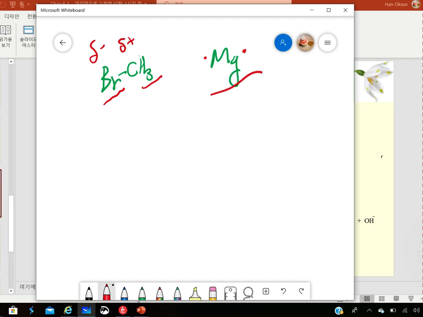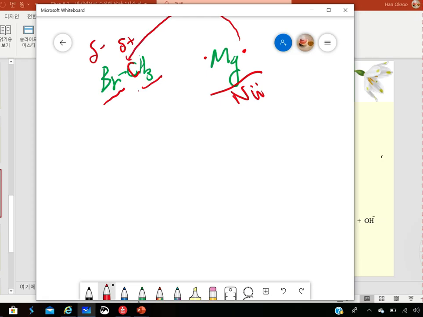Here you only have nucleophilic character. Therefore, if you want to imagine the reaction between these two species, because this is a nucleophile, you should look for the electrophilic center on this molecule, and this carbon. That's the electrophilic center. So actually, these two electrons should move.